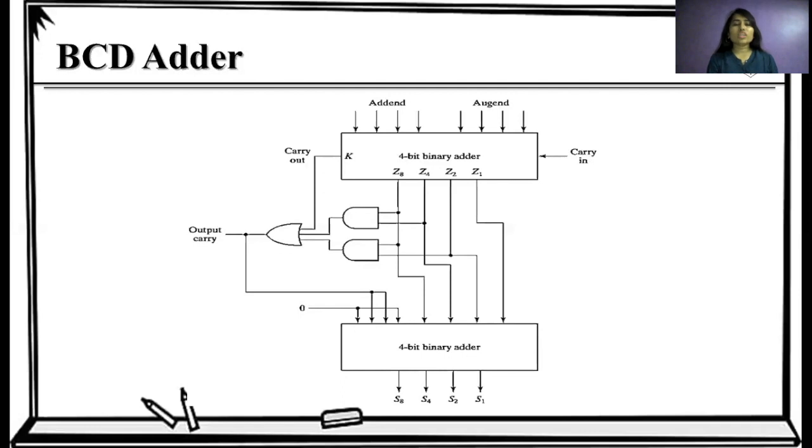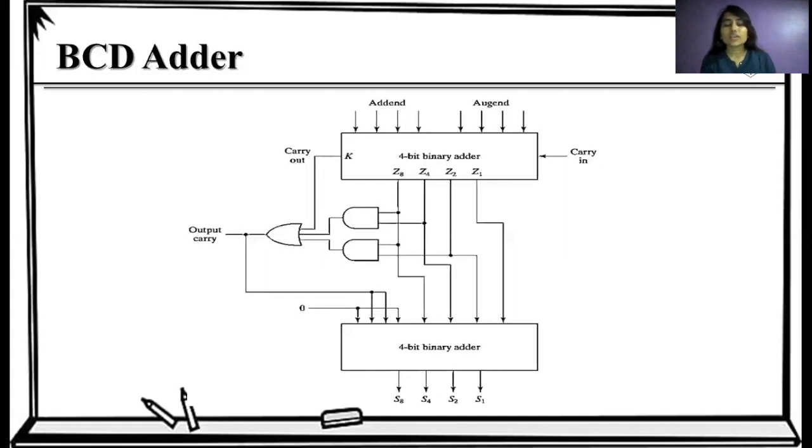Here we draw a logic diagram for this correction: K plus Z8 and Z4 by an AND operation, and Z8 and Z2 by another AND operation. So we have an output carry C, and this C is connected for the next addition.